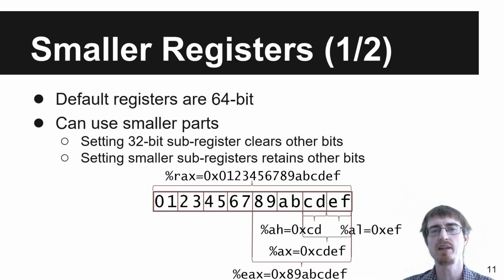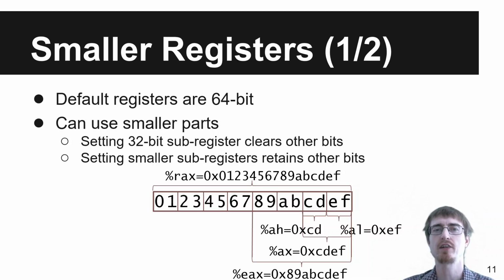So, again, for weird legacy reasons, this behavior is also inconsistent. If you have a 32-bit subregister, then if you set it, the other bits in the 64-bit register will be cleared. That is, all the higher order 32 bits will be set to 0.